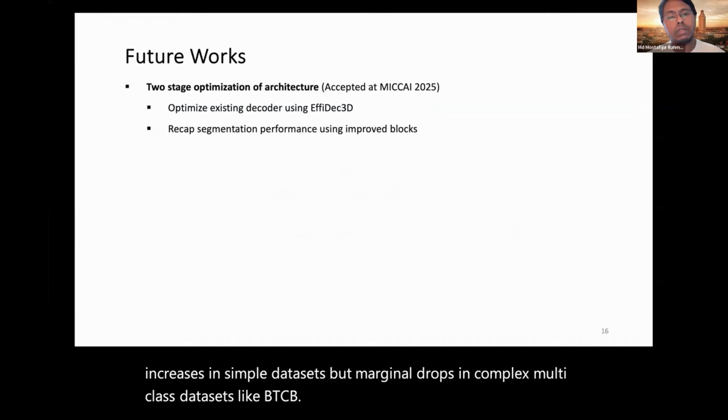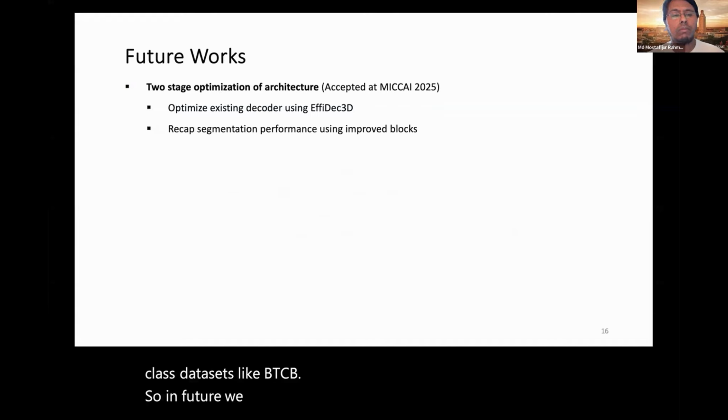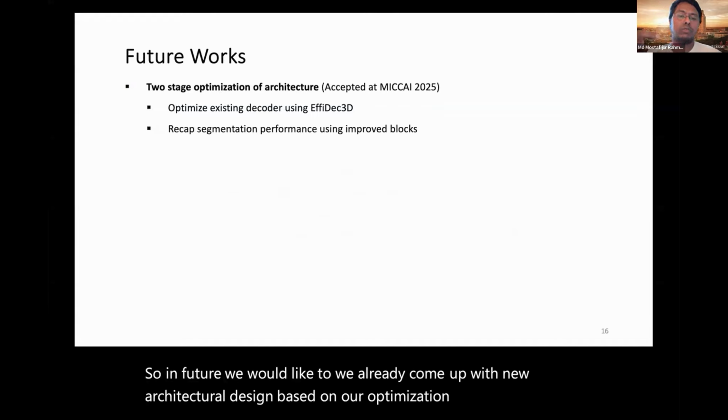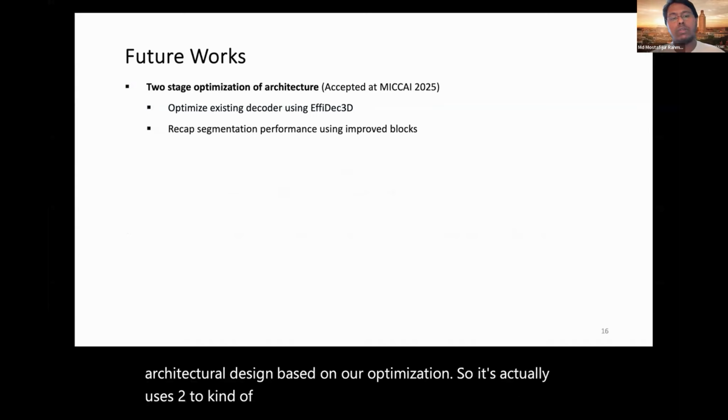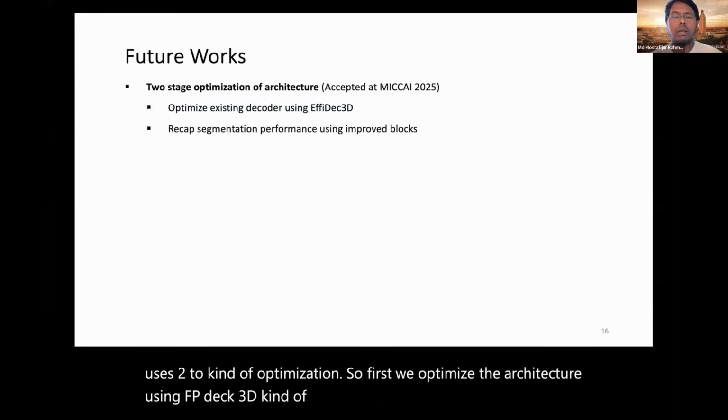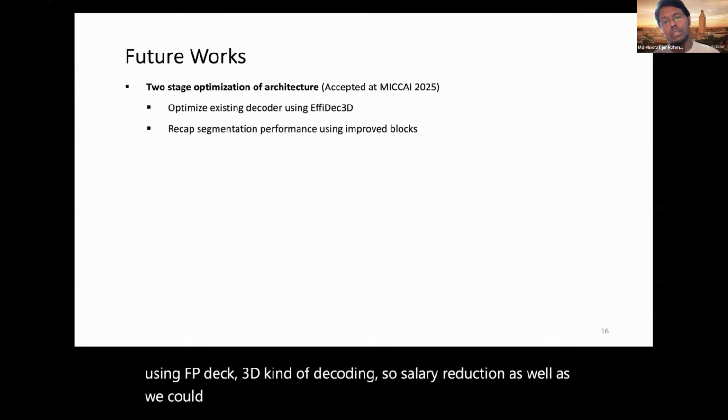In the future, we have already come up with a new architectural design based on our optimization. It uses two kinds of optimization. First, we optimize the architecture using EffiDec3D-style decoding, with channel reduction, and we could also apply resolution restriction.